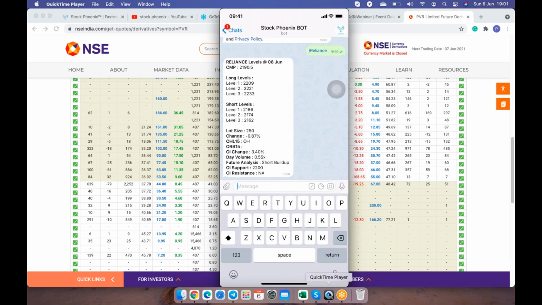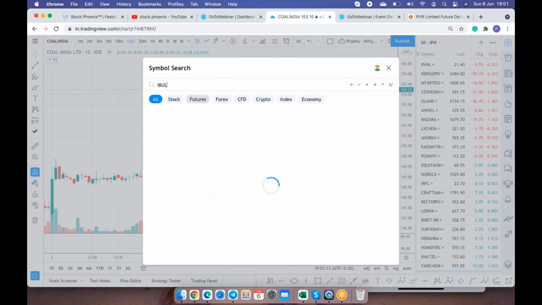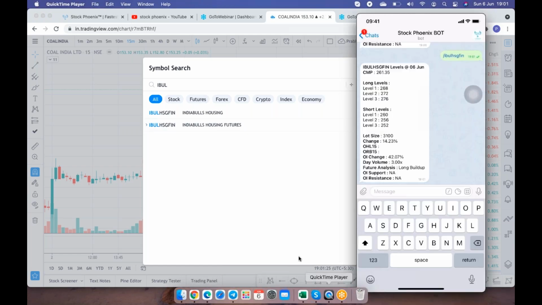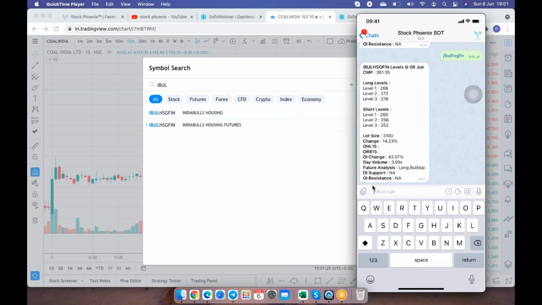In a similar way, if you check IBUL, okay, what is the code of IBUL? We will see what happened in IBUL. You have to put the code HSGFIN. Okay, India Bull Housing Finance. When I input that, I'm getting an OI change of 42% in India Bull Housing Finance, which is extremely high.